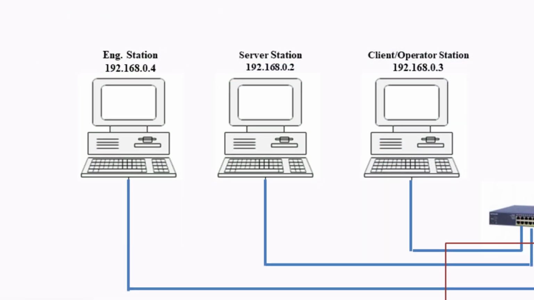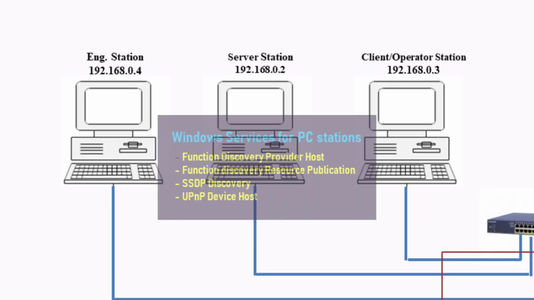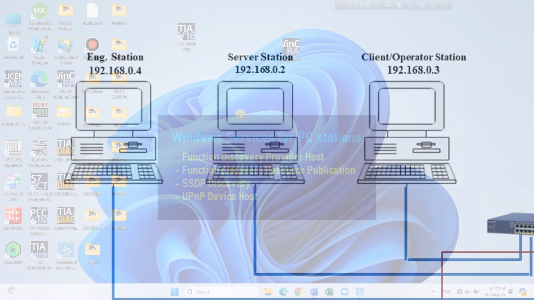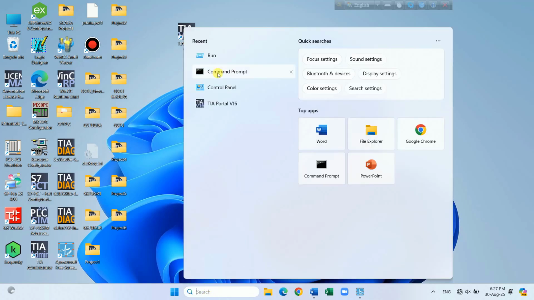One more setting for server-client configuration is to enable a number of Windows services. This should be done for all PC stations. On Engineering PC, go for Windows Run command and type Services in the search box.